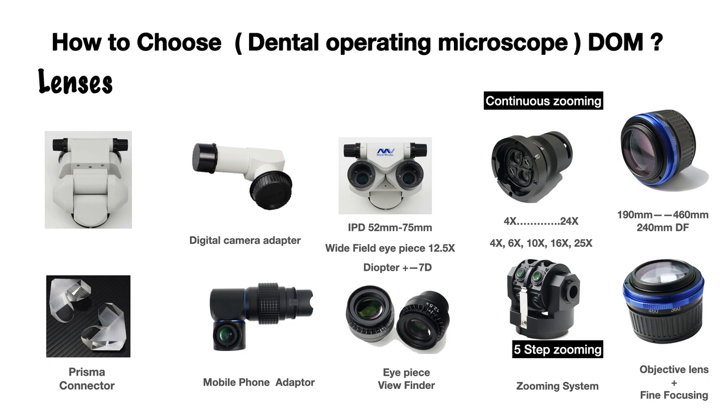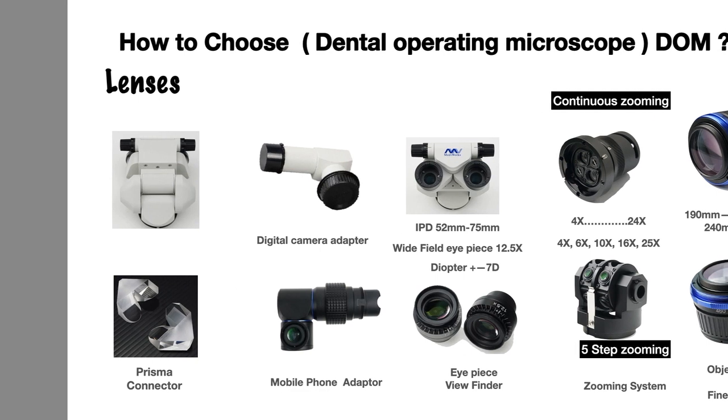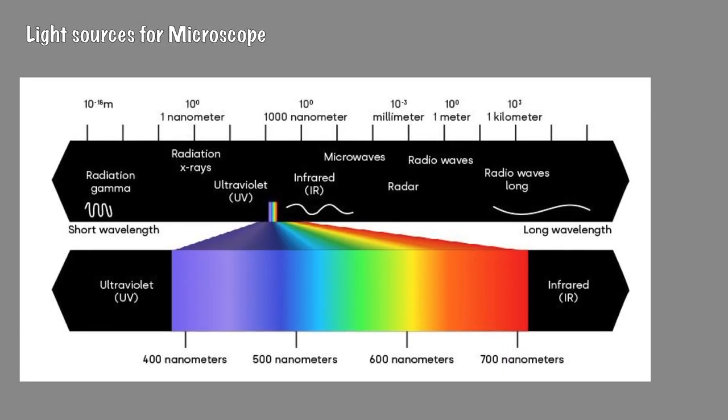The other important point is the light source. In the wavelength spectrum, we have only a limited area that human beings are able to see. It is located in this area. Below we have ultraviolet, and radio.